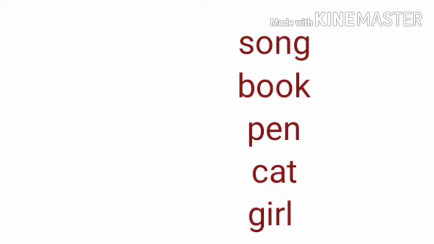Look at some examples. Song, book, pen, cat, girl. Before all these singular nouns, we add the article a because these words begin with consonant sounds.